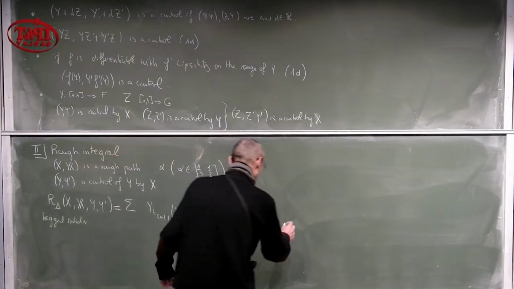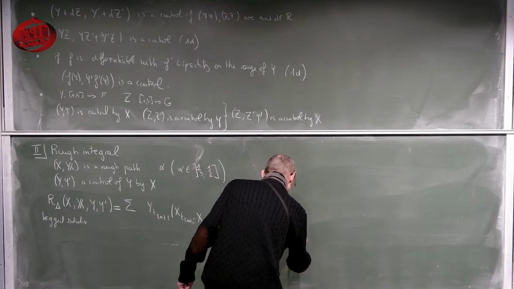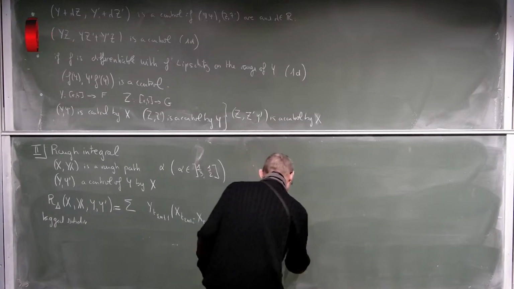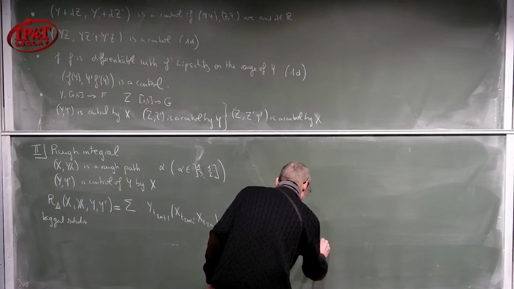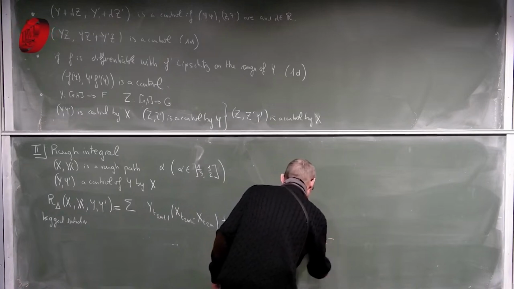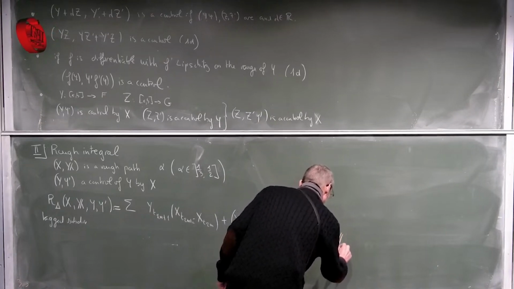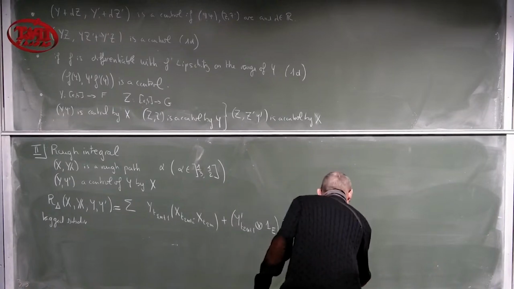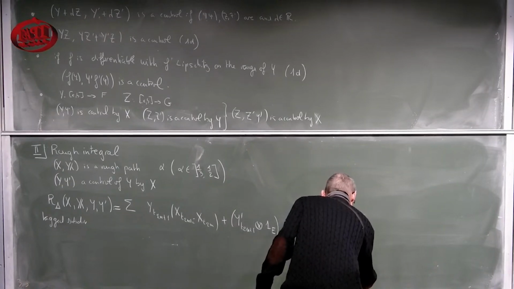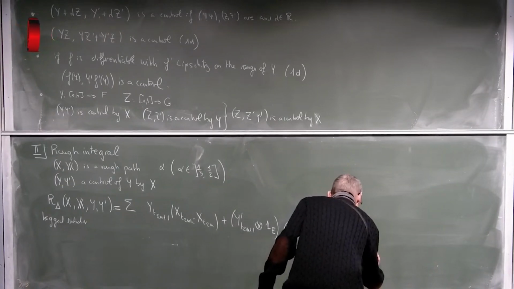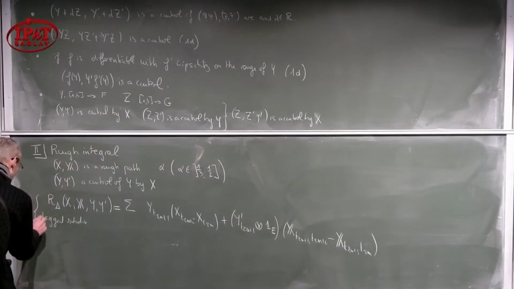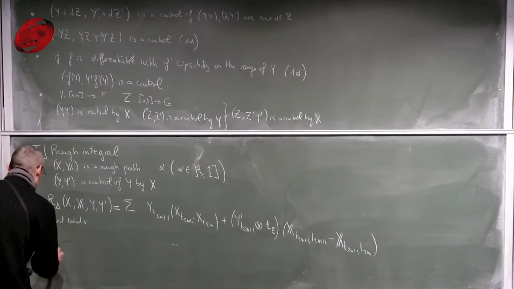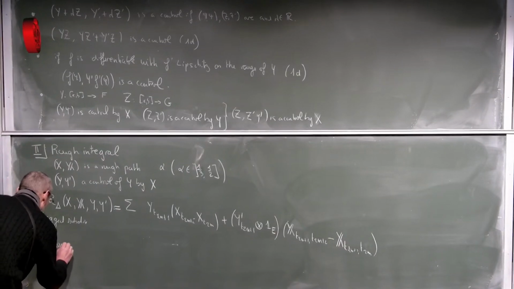And then you have the blackboard term, x_{t_{2m+1}} to t_{2m+2} minus x_{t_{2m+1}} to t_{2m}, and it is easily seen that these are gamma Riemann sums.